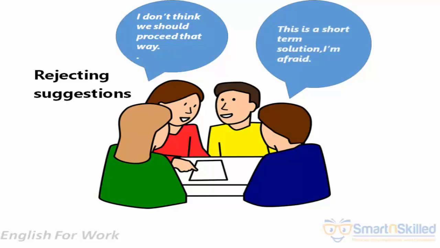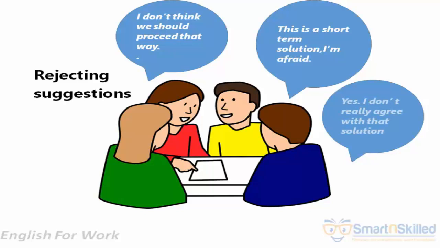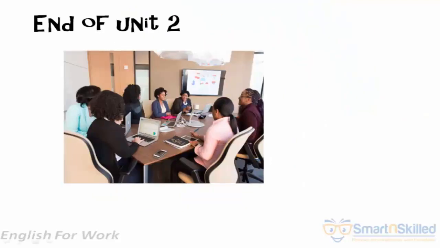This is a short-term solution, I'm afraid. Okay, that's another example. Or can you think of another expression? Yes, I don't really agree with that solution. Okay, so these are expressions for rejecting suggestions.